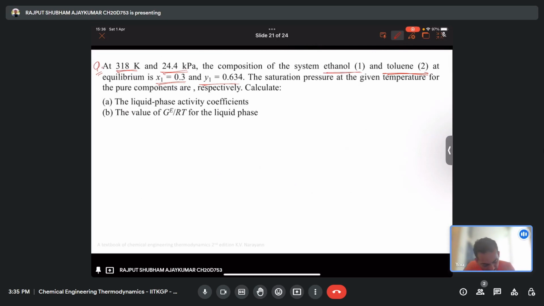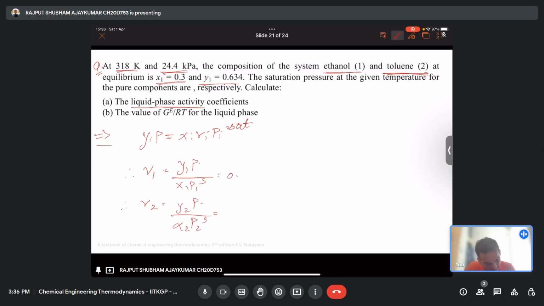We know that yi into P is equal to xi gamma i Pi sat. This is the equation that I mentioned at the start of the class. Therefore, the liquid phase activity coefficient gamma 1 equals y1 into P divided by x1 into P1 sat, and similarly gamma 2 equals y2 into P divided by x2 into P2 sat.